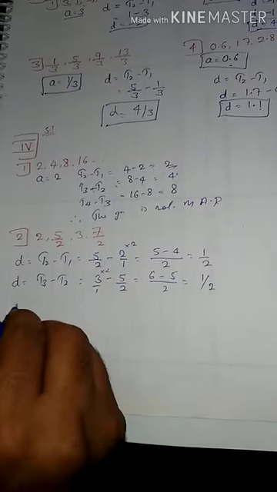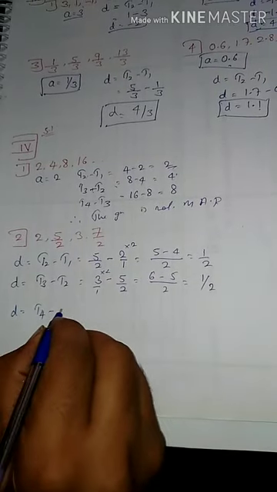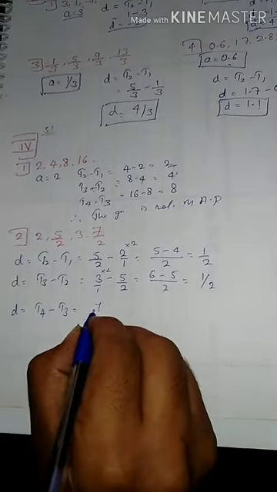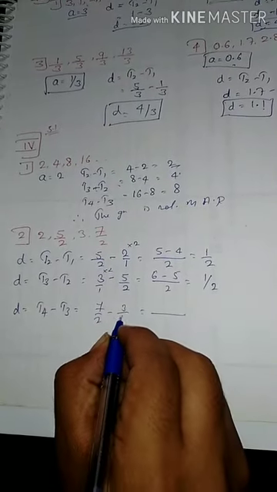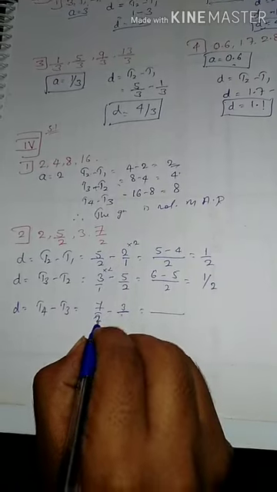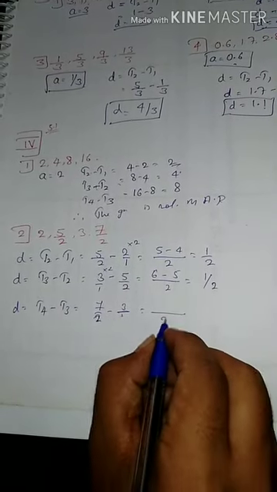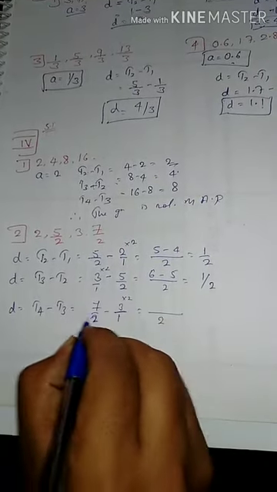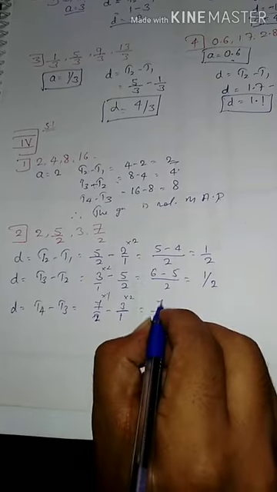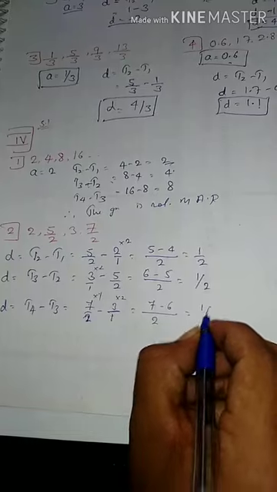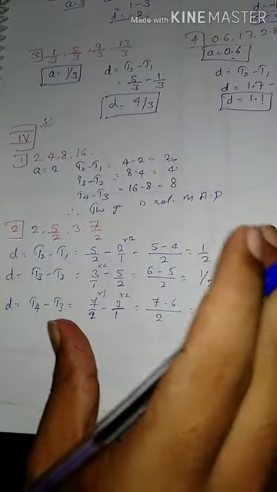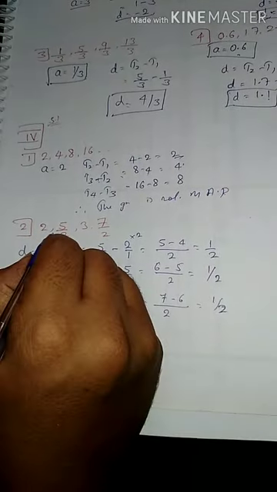And next d is equal to t4 minus t3, 7 by 2 minus 3. Here the denominator is 2 and the other denominator is 1, therefore the LCM is 2. 3 is 6 by 2, 7 minus 6 is 1 by 2. Yes, here the common difference is the same, therefore it is an AP.